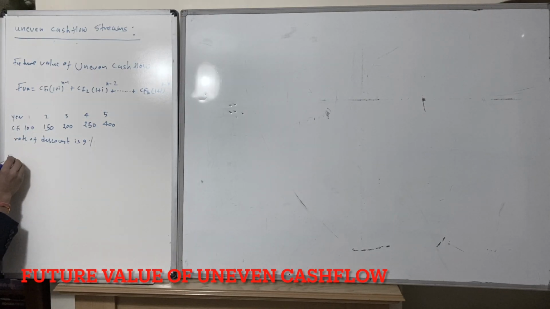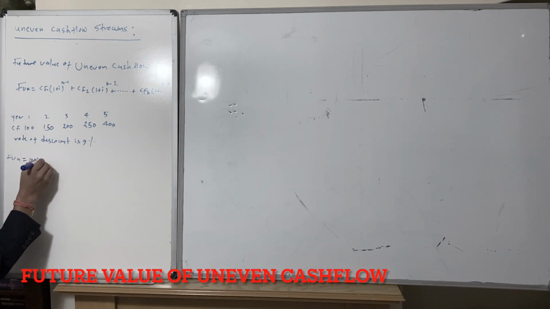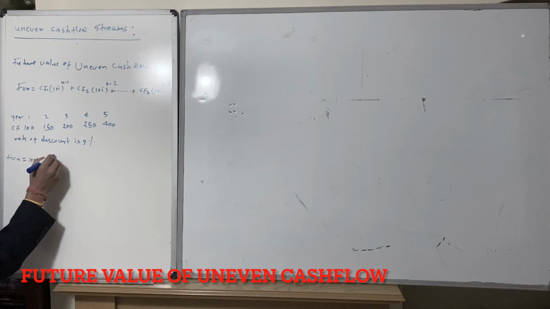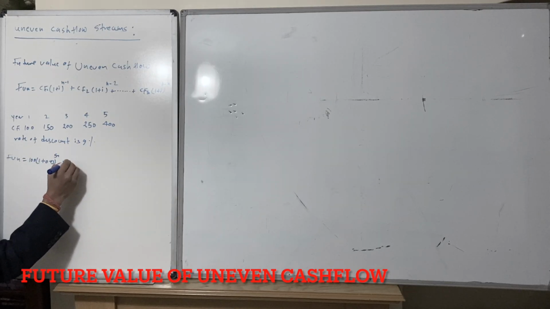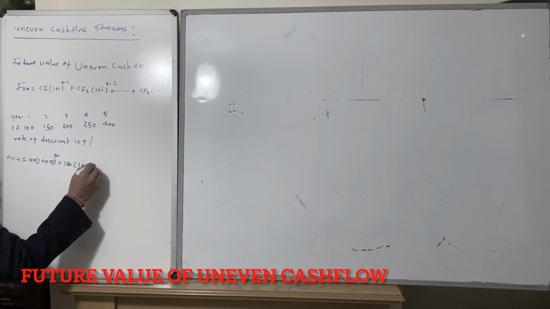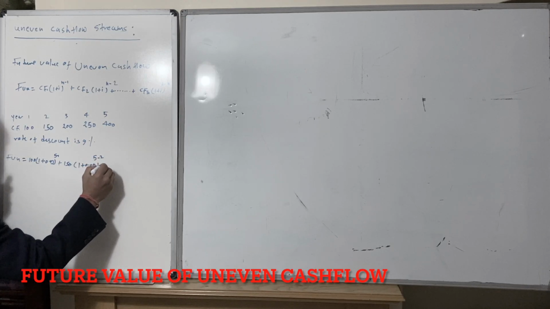Future value of n is equal to cash flow 1, which is 100, times 1 plus rate of interest, 9%. The number of years is 5, so 5 minus 1, plus another cash flow, 150, times 1 plus 0.09 to the power of 5 minus 2.